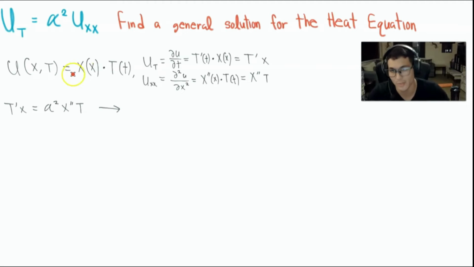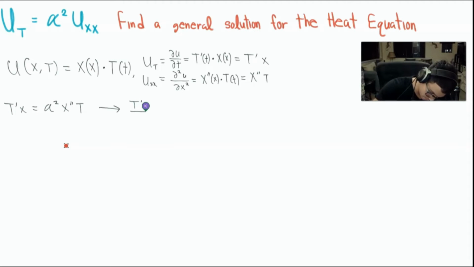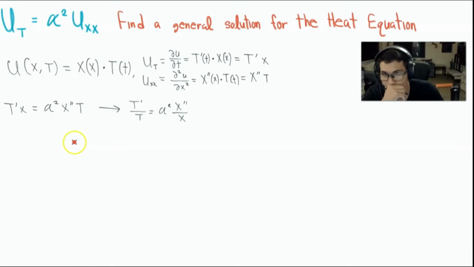If I use a separation of variables, I just want all the t's on one side, all the x's on another side. So I write it like T prime over T is equal to alpha squared X double prime divided by X, right? Okay, so that works.